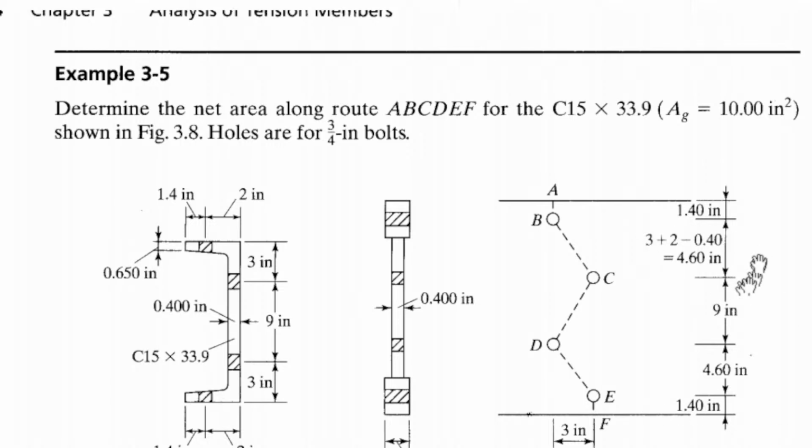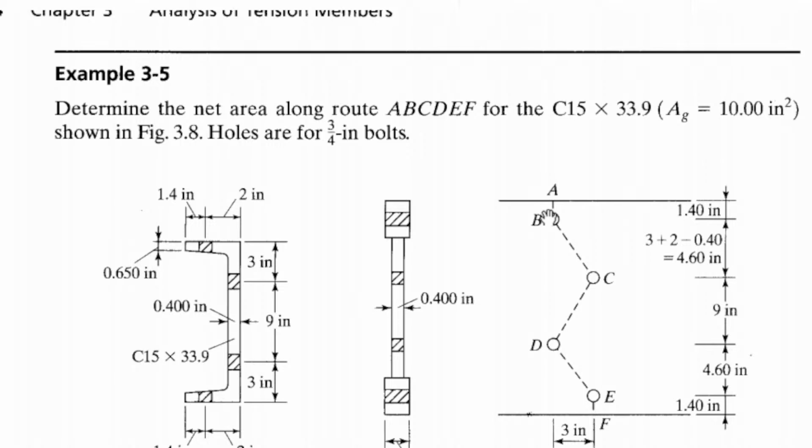We already know how to determine the gauge distance. Now, another important thing. The thickness of the flange is 0.65 here, and the thickness of the web is 0.4. How can we find the correct thickness for this staggered distance B to C?